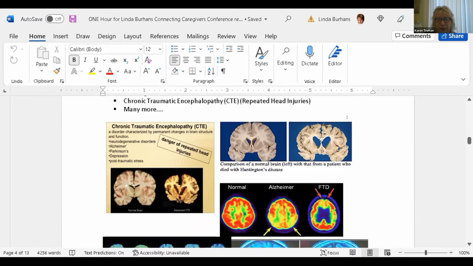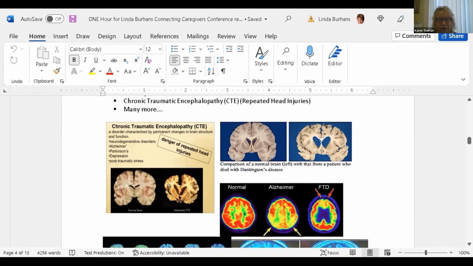So this is a normal brain over on the left side here, and this is a brain with Huntington's. Huntington's just destroys a lot. It's just a whole different dementia. The chronic traumatic encephalopathy, that is the football players.